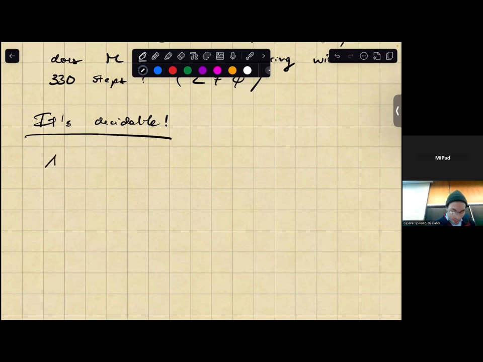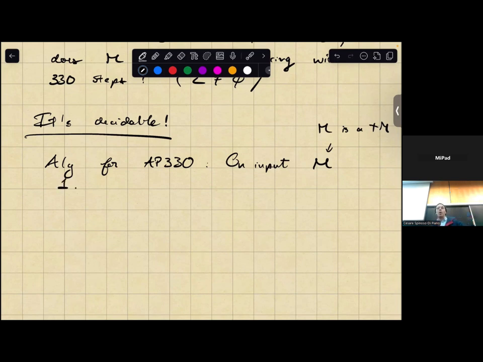So the algorithm for AP-330 might be something like this. The input to the algorithm is a Turing machine M, right? What are you going to do? Well, you're just going to simulate the Turing machine M on all of the strings in sigma star.